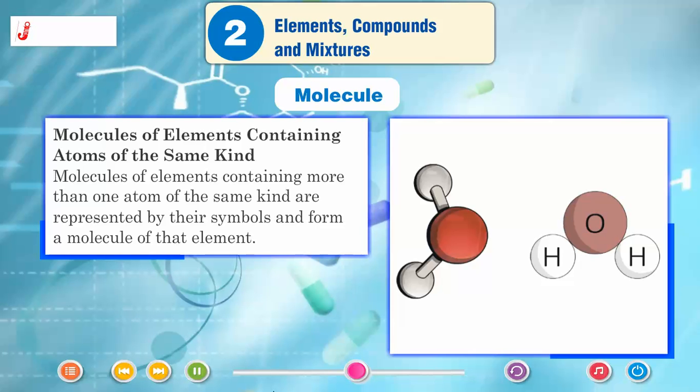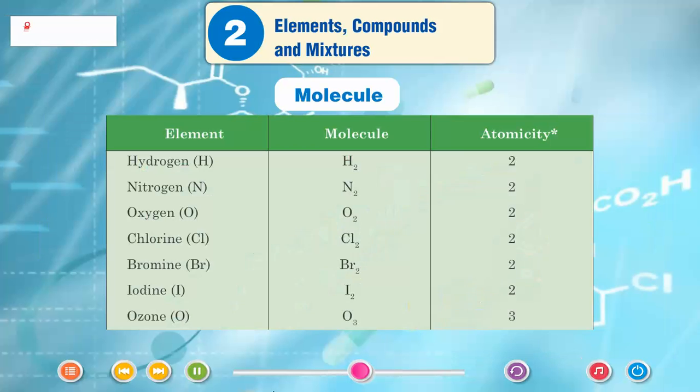Molecules of elements containing more than one atom of the same kind are represented by their symbols and form a molecule of that element. Element, molecule, atomicity. Hydrogen H, H2, 2. Nitrogen N, N2, 2. Oxygen O, O2, 2.